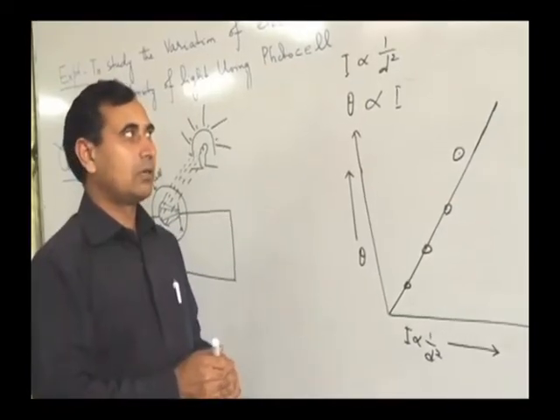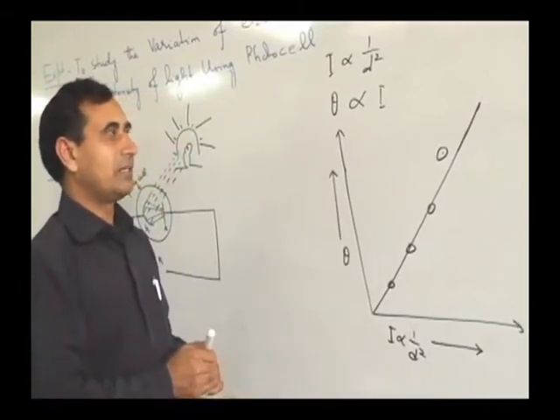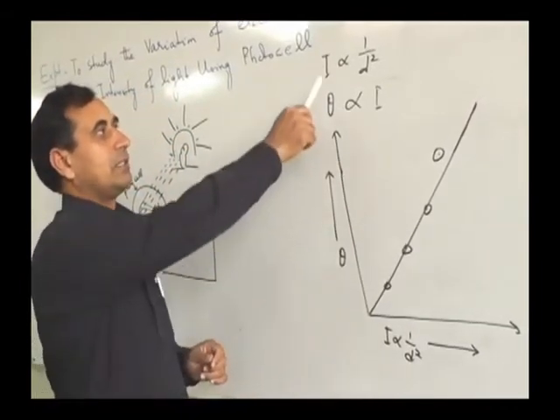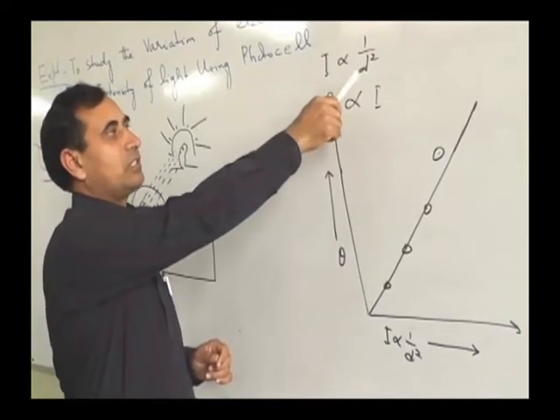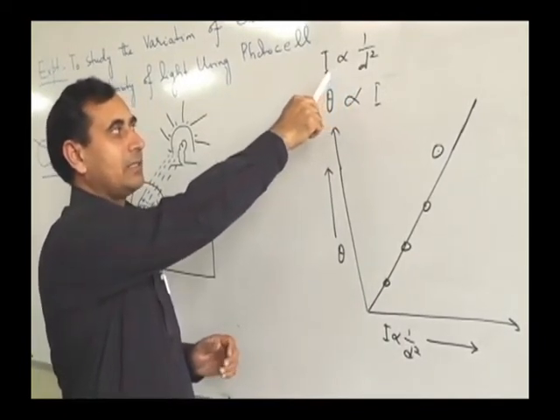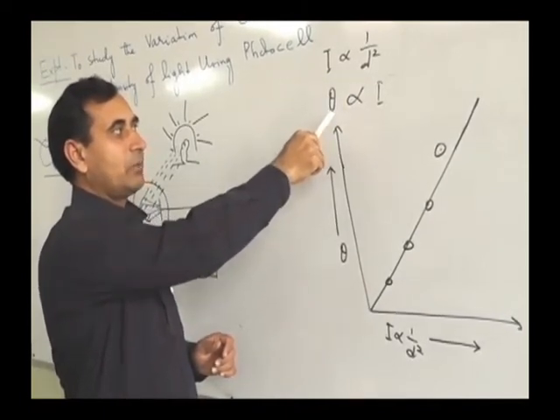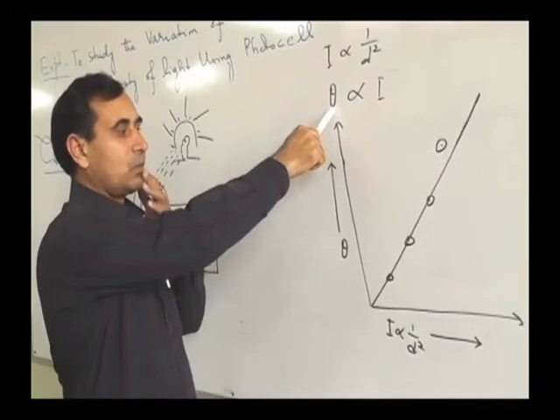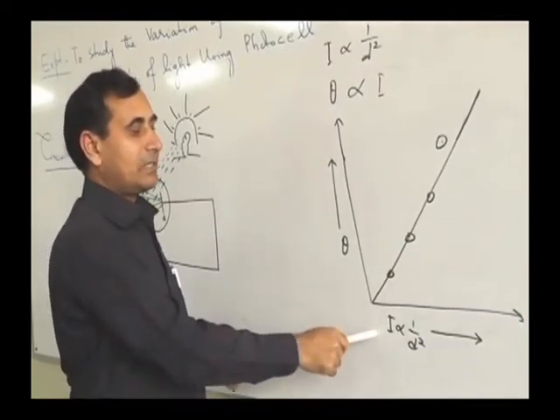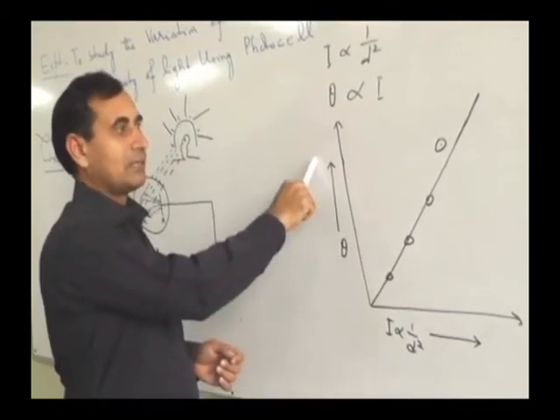Now we will plot the graph between intensity of light and electric current. As we know that light intensity is inversely proportional to the square of the distance, so here this light intensity is directly proportional to the current. So we will take here light intensity along x-axis and current along y-axis.